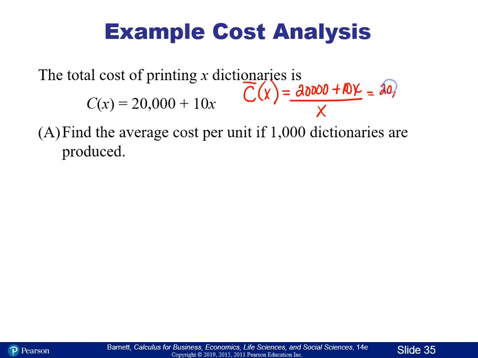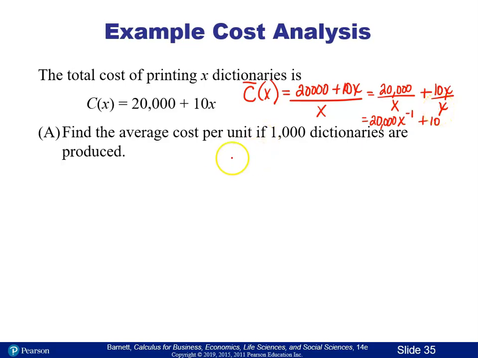So you don't technically have to go ahead and do this, but you're going to eventually need to do it. So you may as well just go ahead and break this apart. So I'm going to put 20,000 over x, and then I'm going to put 10x over x and simplify that. So this I'm going to write as 20,000 x to the negative 1 power. So I bring that up because I'm going to take a derivative. And then here, this reduces to be 10.